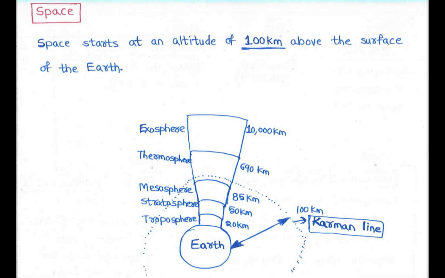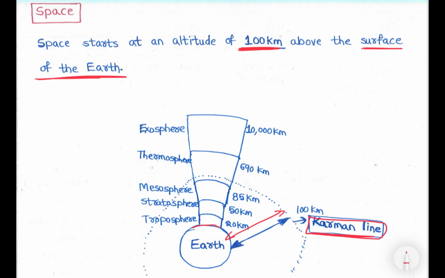Before going into space technology, first let's understand what is space. Space starts at an altitude of 100 kilometers above the surface of the earth. There is a line called the Karman line.